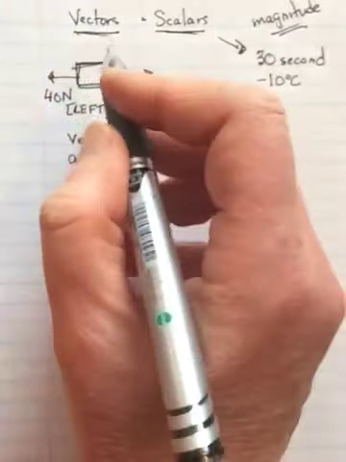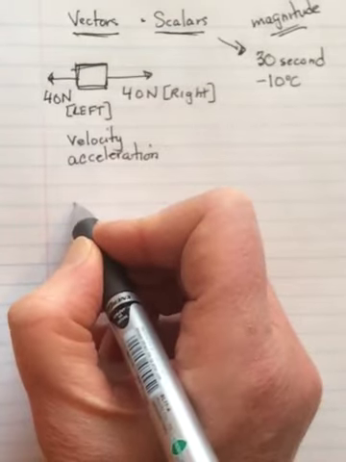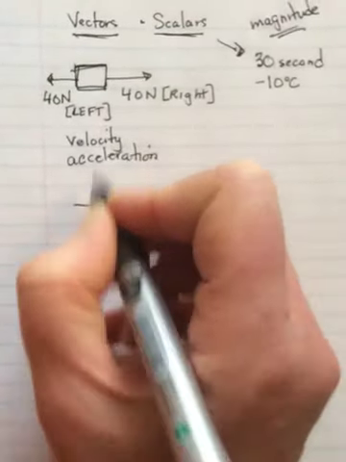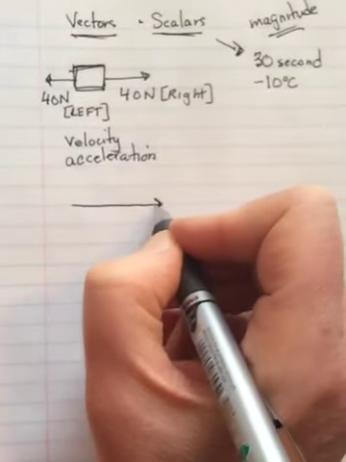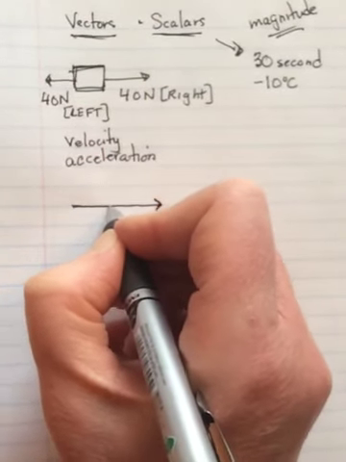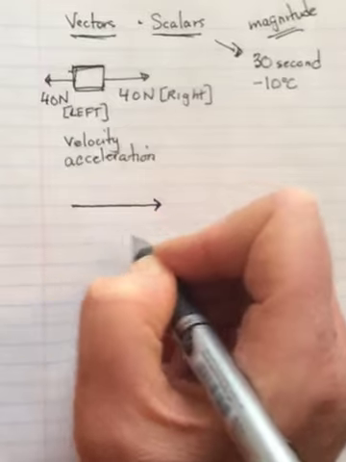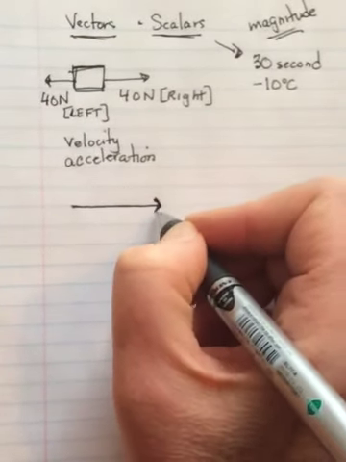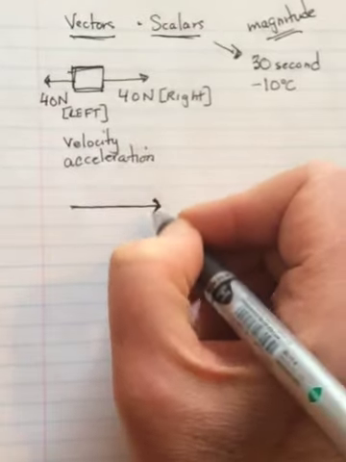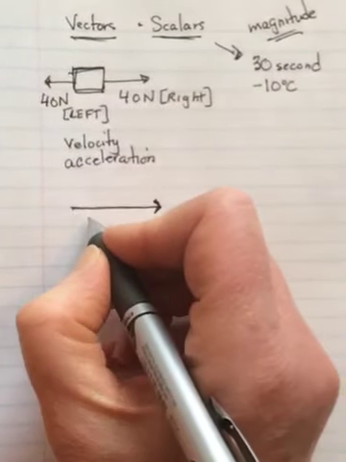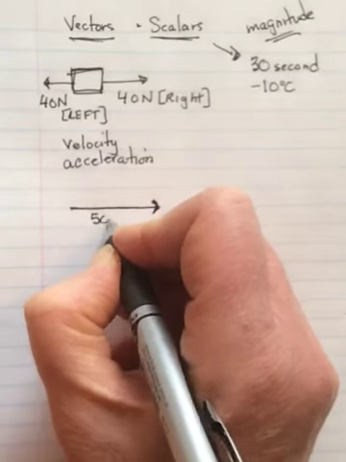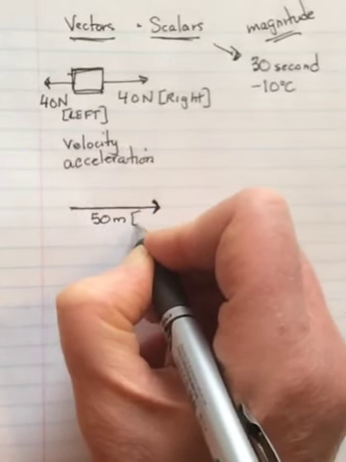Okay, so what we need to look at, though, is vectors, because they're the special ones. And from this point on, when you hear the word vector, I want you to think of an arrow, okay? Because a vector is really symbolized by an arrow, where the length of the shaft is how big the vector is, and the direction that the vector is pointing in is usually shown by the direction the arrow is pointing. So this might be something like 50 meters east.